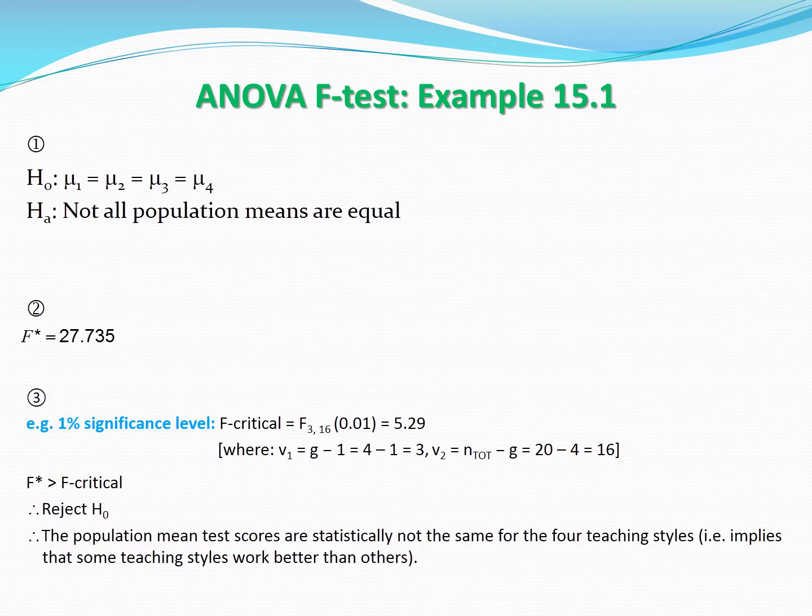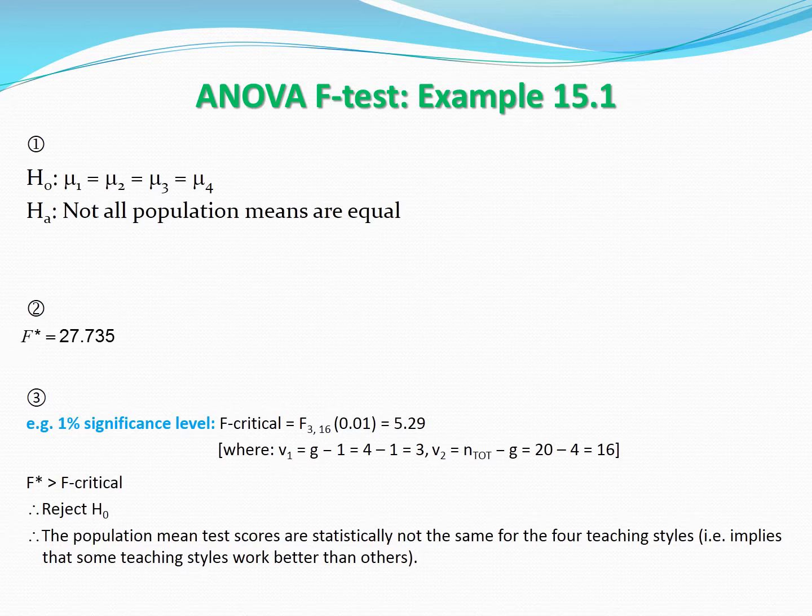If we compare this value to our F statistic in step 2, we can see that our F statistic will be greater than our F critical value, so we can reject our null hypothesis according to our decision rule.